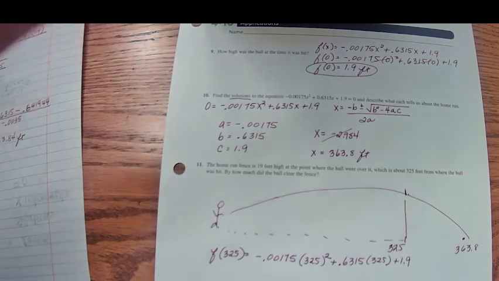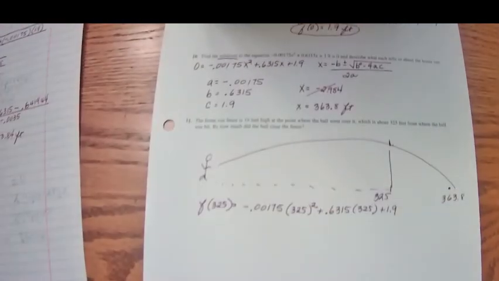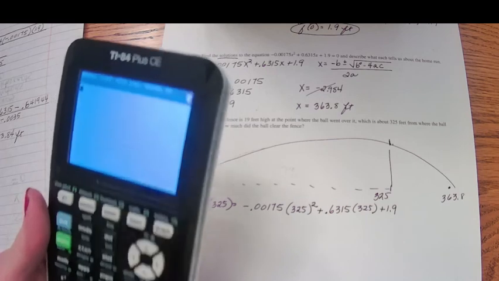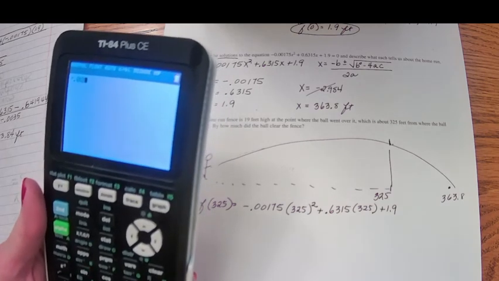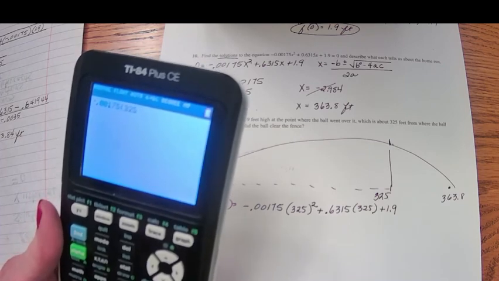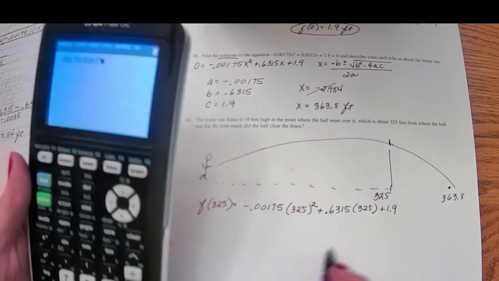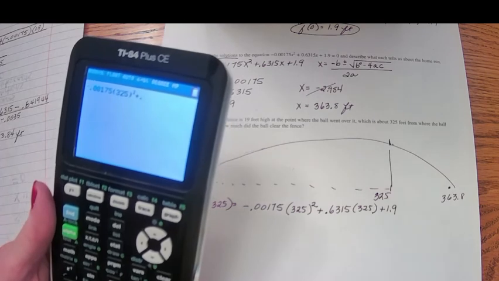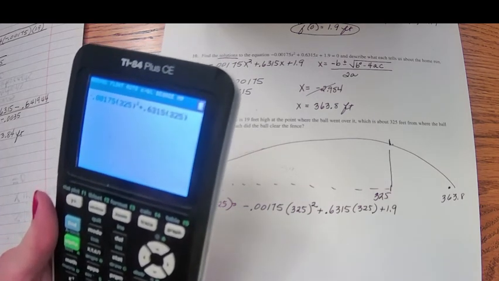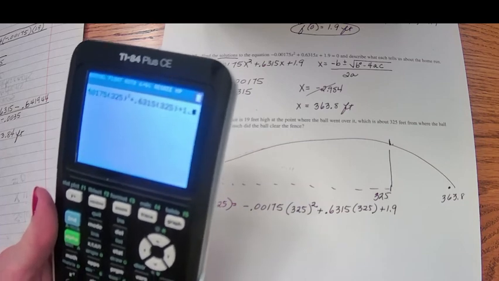We are definitely doing this on our calculators. So negative 0.00175 times 325 squared plus 0.6315 times 325 plus 1.9.